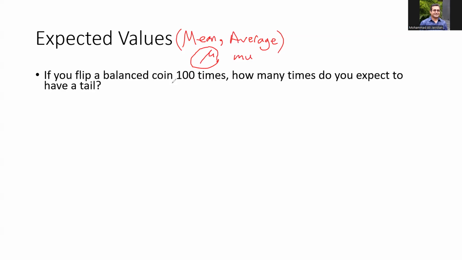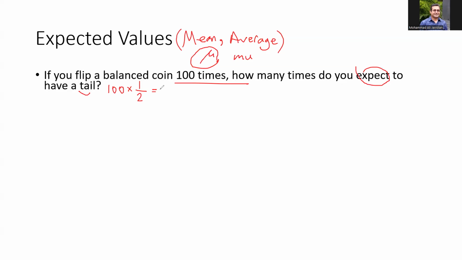Assume you flip a balanced coin 100 times. How many times do you expect to have a tail? You flip the coin 100 times, and each time the chance is 1/2.